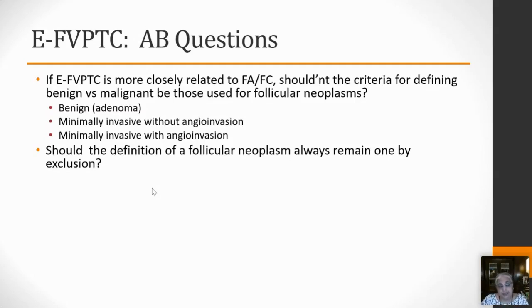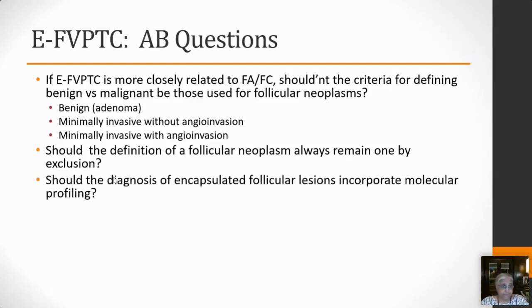Because as I said, we had defined all follicular neoplasms as those that are follicular but do not have the nuclear features of a papillary thyroid carcinoma. Or should we now start doing molecular profiling on all of these cases? Well, these were questions, and the question then that came to me was, does it matter? And if so, when does it matter?